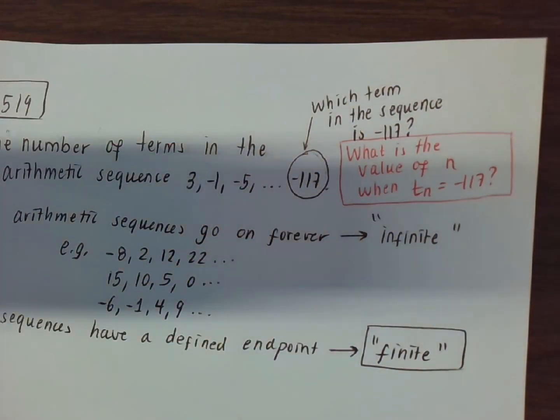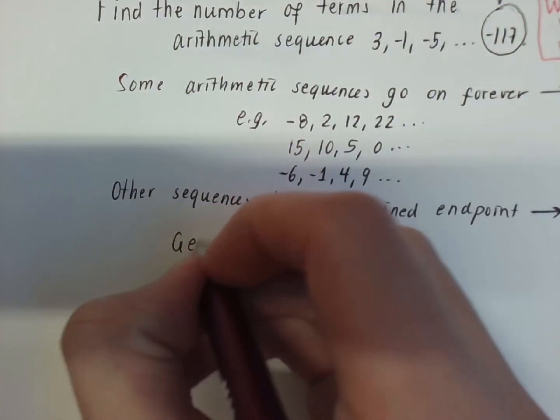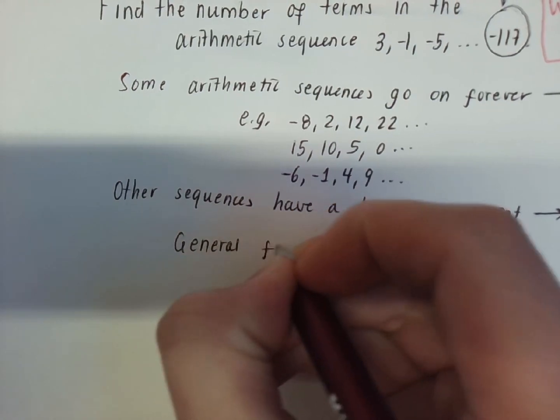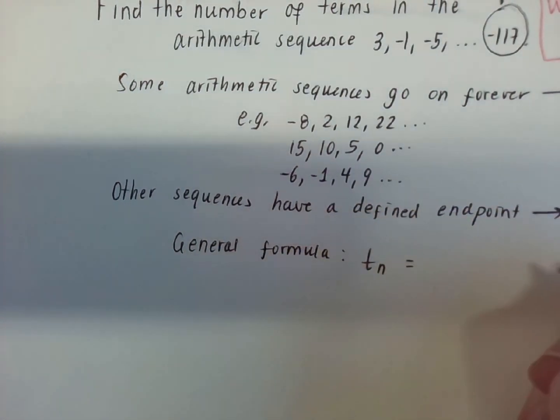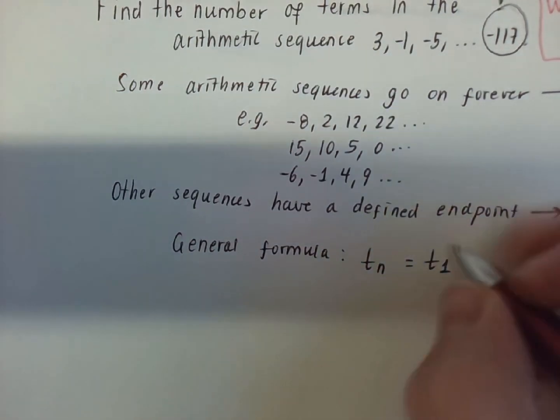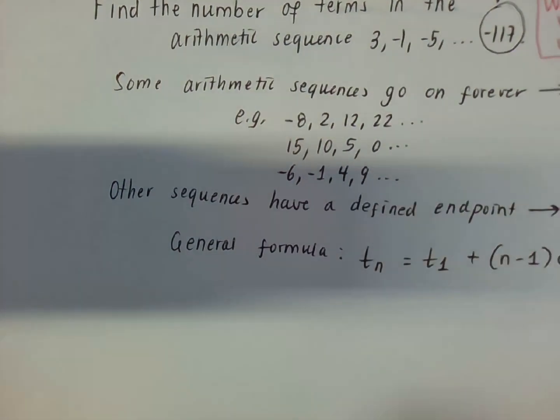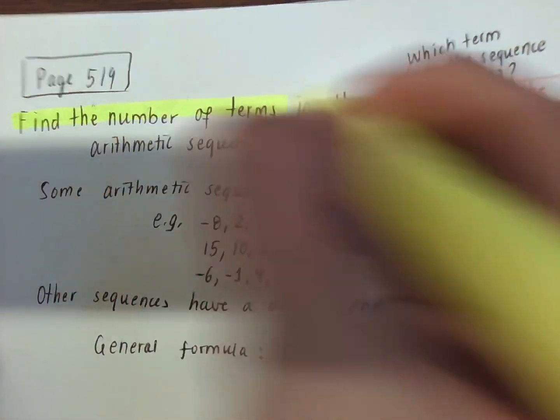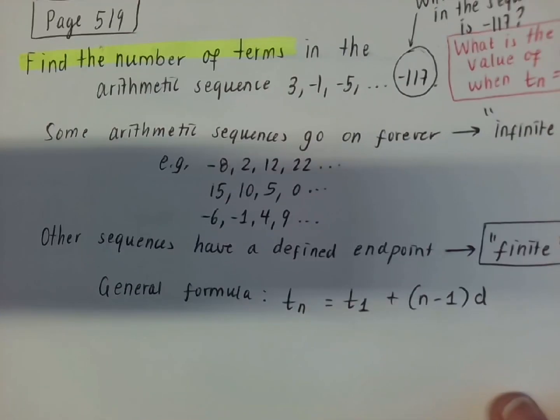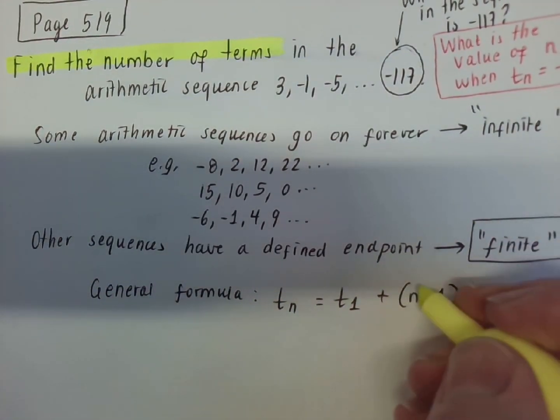So let's remember that our general formula is Tn equals T1, the first term, plus n minus 1 times d. In this case, the question is asking us, find the number of terms. So we're actually going to be solving for n.